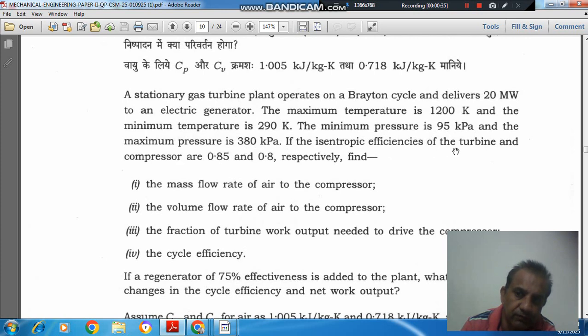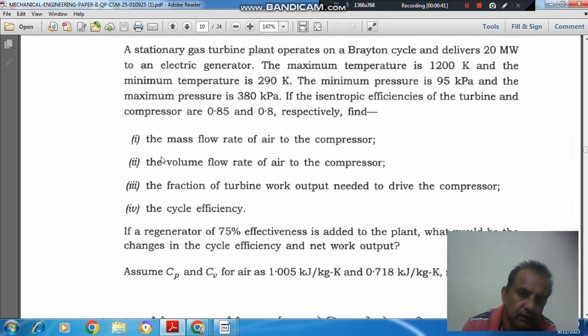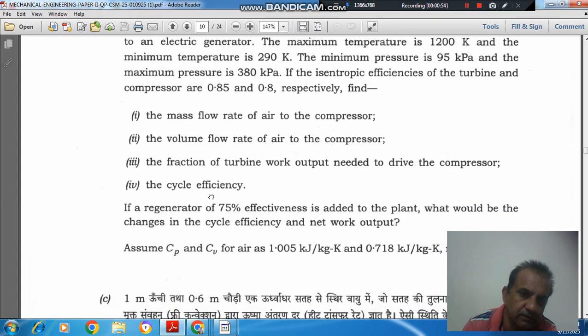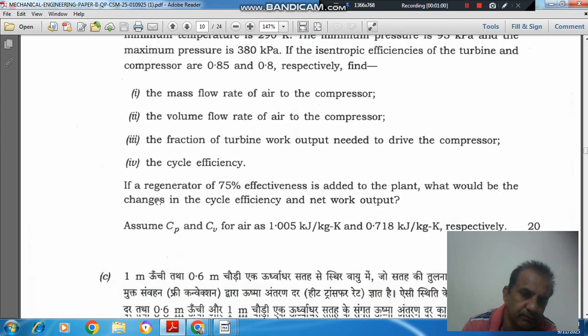If the isentropic efficiencies of turbine and compressor are 0.85 and 0.8 respectively, find 1, the mass flow rate of air to the compressor, 2, the volume flow rate of air to the compressor, 3, the fraction of turbine work output needed to drive the compressor, 4, the cycle efficiency.